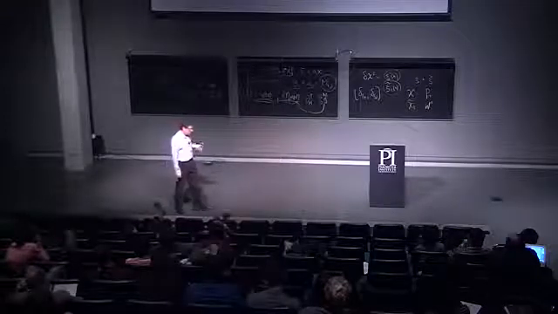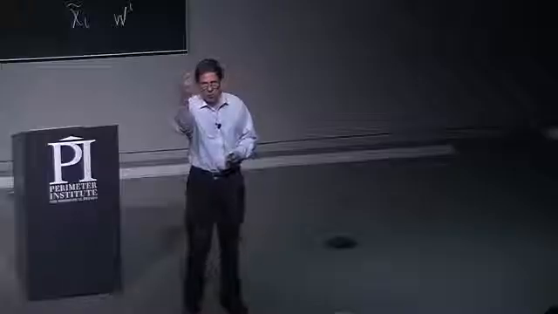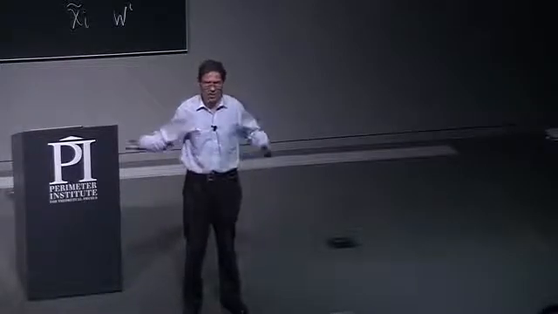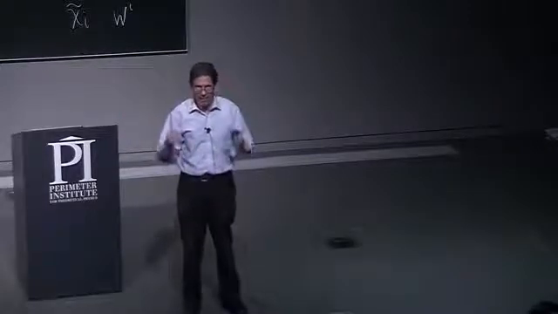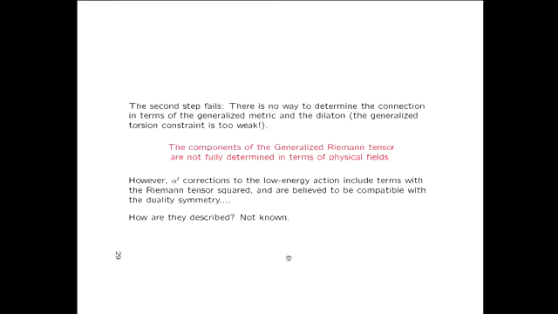And in fact, you can pretty much prove, I don't think we've proven it, but we've tried it enough to convince ourselves, that the components that you can't determine of this connection are such that you cannot construct a formula for them in terms of the physical fields. It wouldn't transform right. So I don't think it's an accident or inventing more constraints. You just can't determine this connection. So what happens? You get this Riemann tensor R M N P Q that is partially determined and partially undetermined.